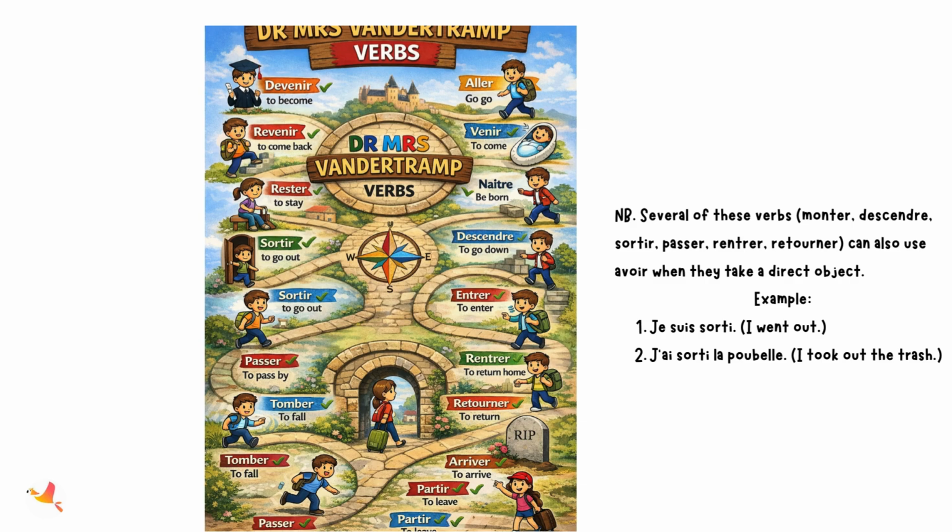Now, the verbs in the Dr. Mrs. Vandertramp list must be learned by heart in order to make your life easier. That way, when you see them or have to use any of these verbs, the automatic auxiliary verb that you're going to conjugate in the present tense is être.